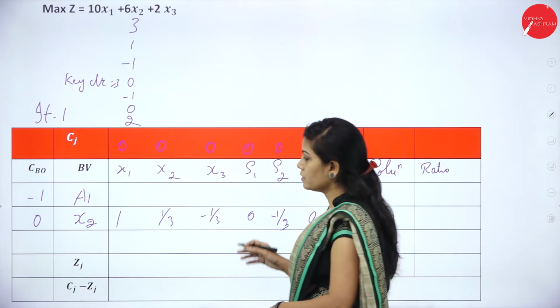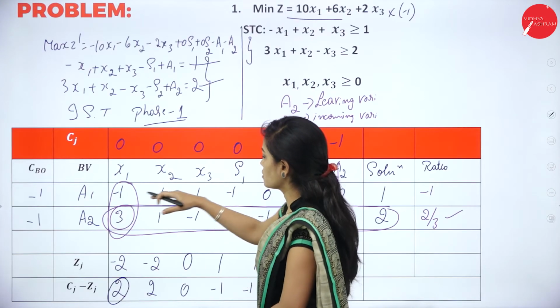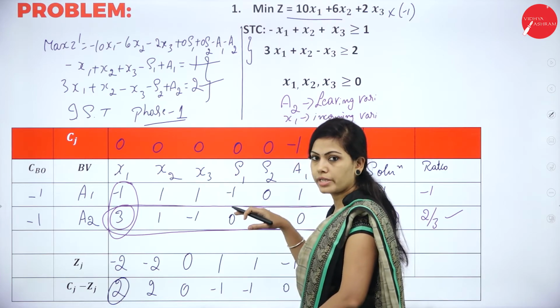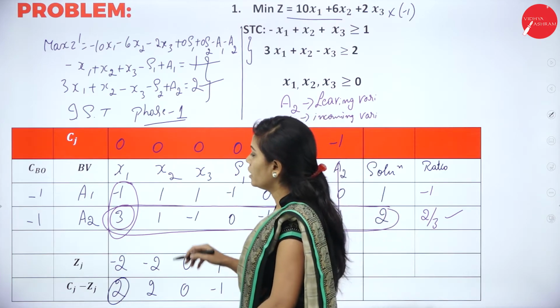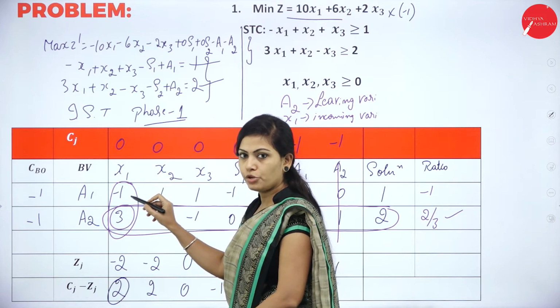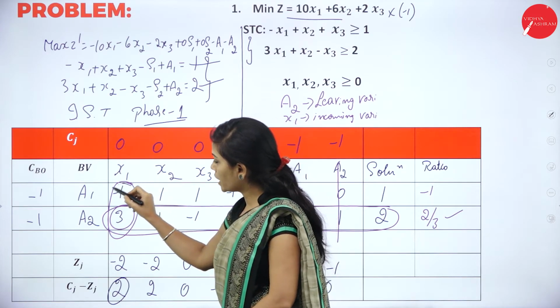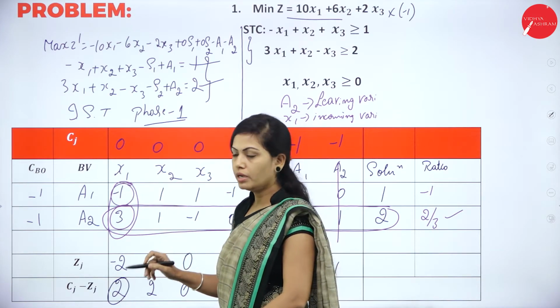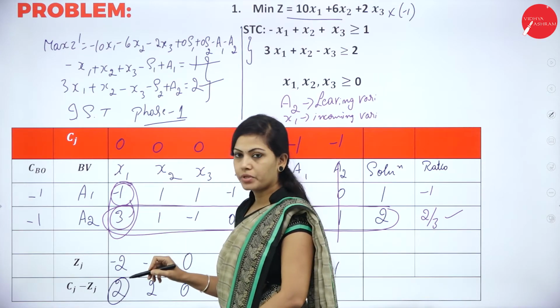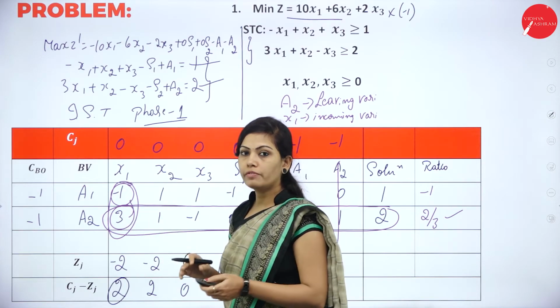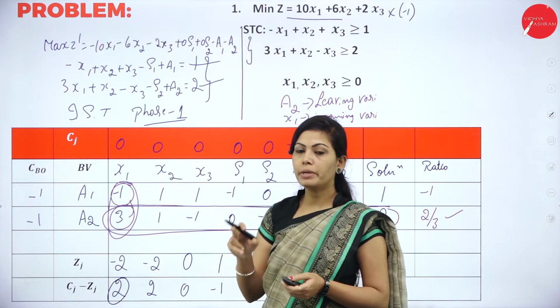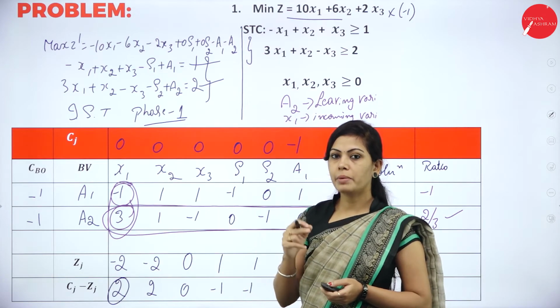And you can find the non-key row values. You can find the non-key row values using the formula: old value minus corresponding key column into key row divided by key element.